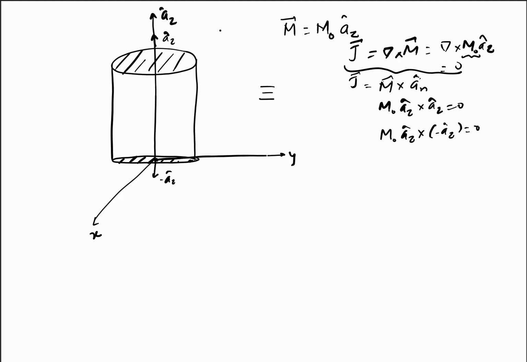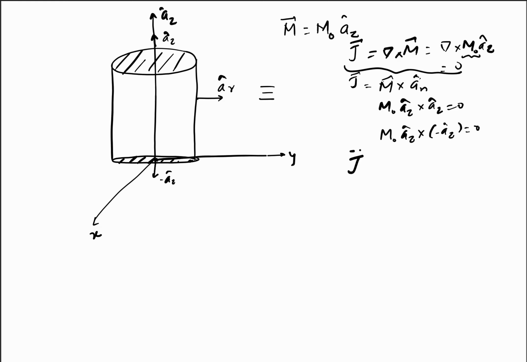Only the curved surface is going to have this surface current density. For this curved surface, the normal vector will be in the direction of ar, the radial vector in cylindrical coordinates.